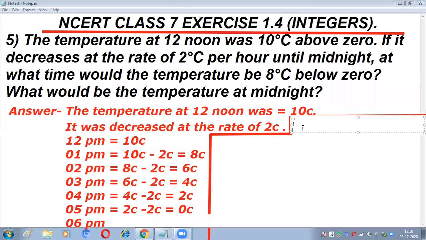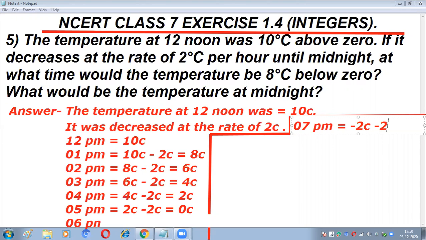Okay, now we will do 7 p.m. I'm starting from 7 p.m. 7 p.m. is equal to the last temperature, which was minus 2 degrees Celsius. So now also minus 2 degrees Celsius.